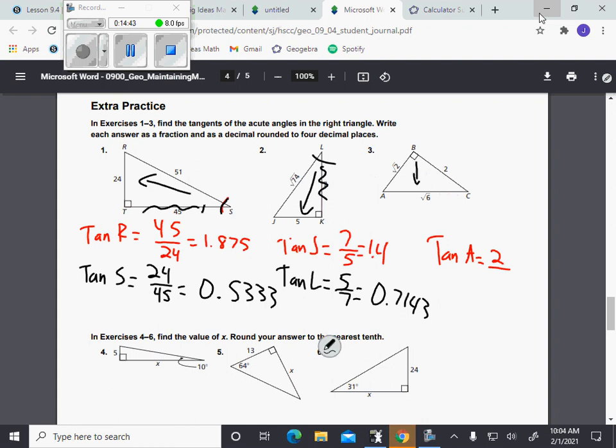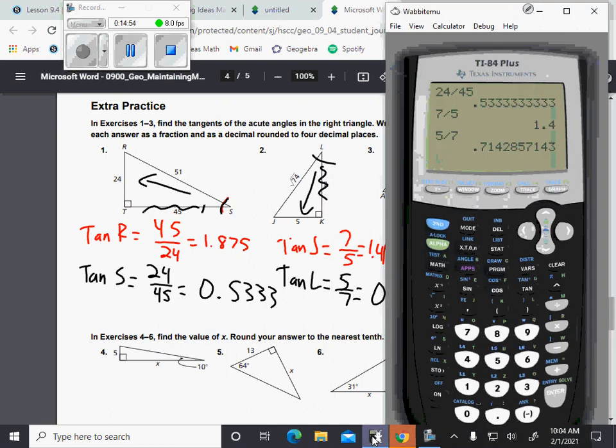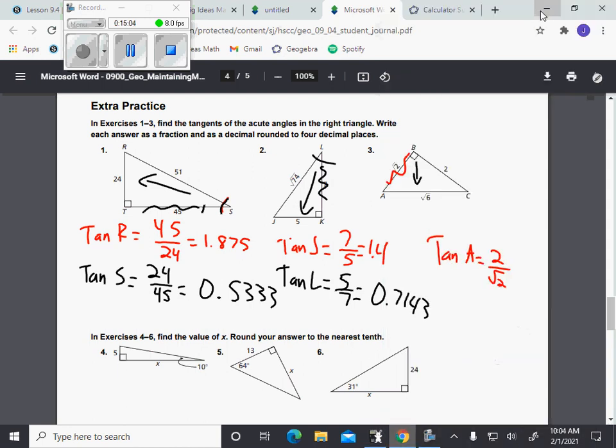Well, it's opposite the square, or opposite the right angle. What's adjacent to angle A? The square root of 2. What's 2 divided by the square root of 2? 1.4142.